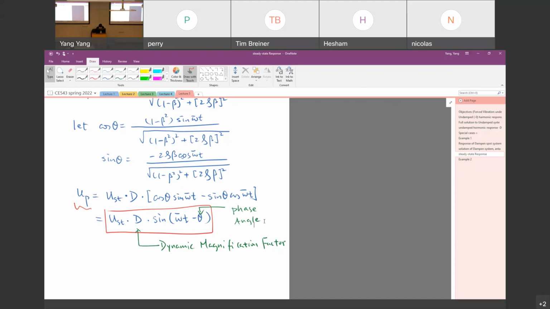The maximum displacement under the excitation here, that's equal to U_st times D.